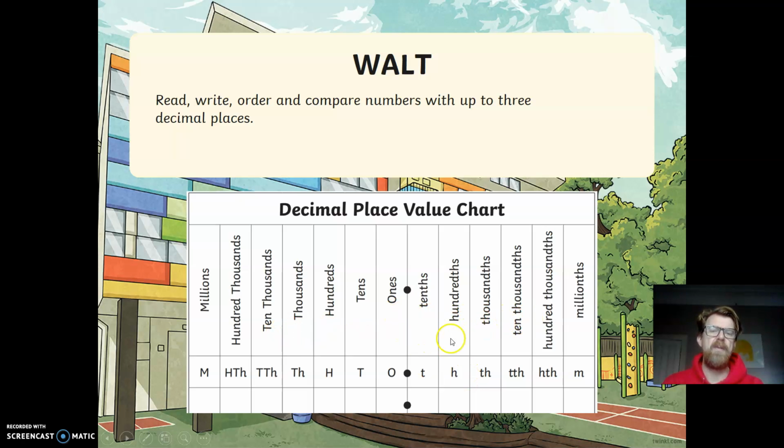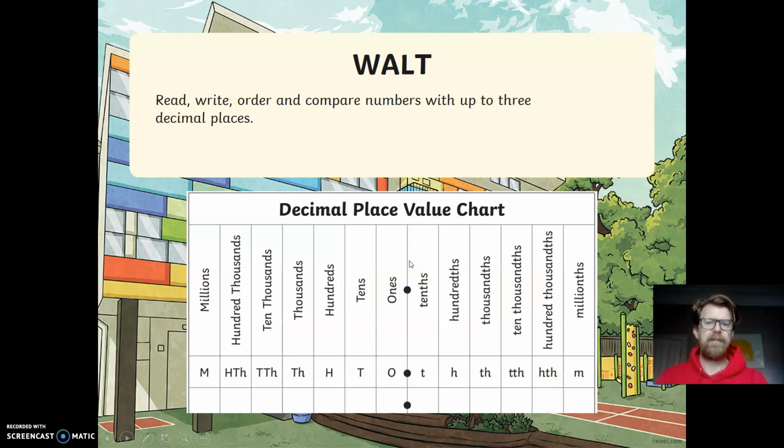So as you go this direction to the right, you're going smaller. If you're going in this direction to the left, your numbers are getting bigger. So we have tenths, hundredths, thousandths, then ten thousands, hundred thousands, and millions. But in year 5, we're only going to be looking at tenths, hundredths, and thousandths today.